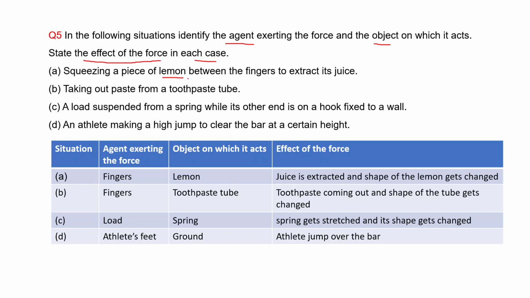Squeezing a piece of lemon between the fingers to extract its juice, taking out paste from a toothpaste tube, a load suspended from a spring while its other end is on a hook fixed to a wall, an athlete making a high jump to clear the bar at a certain height. Okay, in all these situations we have to find out the agent exerting force, the object on which it acts, and the effect of the force. First take situation 1.